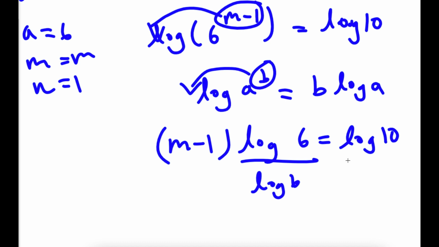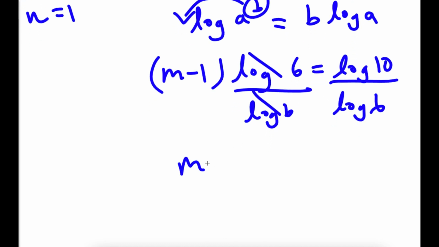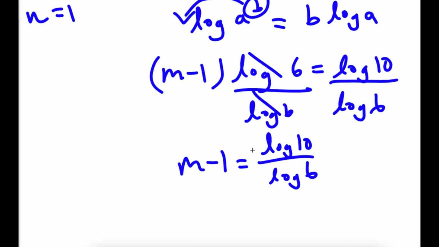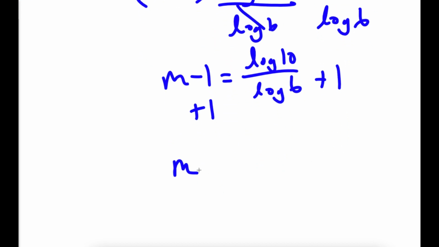Now I can go ahead and divide both sides by log 6. So then these two cancel out, and I have m minus 1 is equal to log 10 over log 6. So now I can add 1 on both sides. So I have m is equal to log 10 over log 6 plus 1.